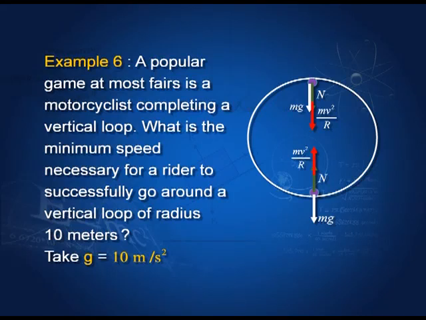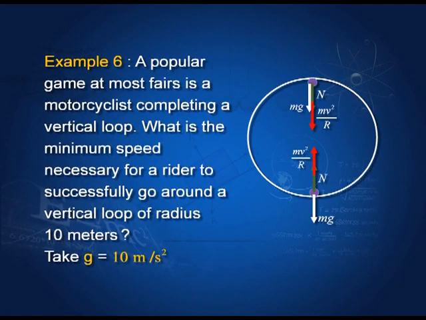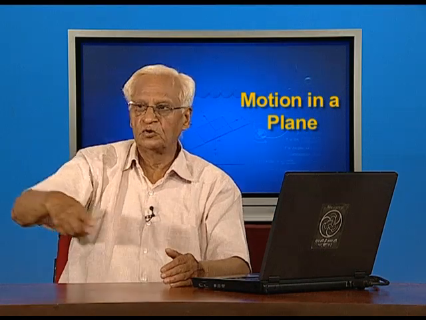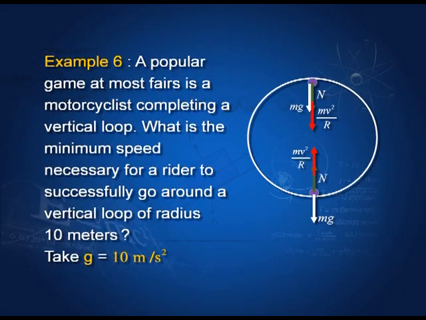Lastly, we take an example of a popular game which you might have seen in many fairs or amusement parks. A popular game at most fairs is a motorcyclist completing a vertical loop, and he does not fall, and we have to find the condition so that he does not fall.